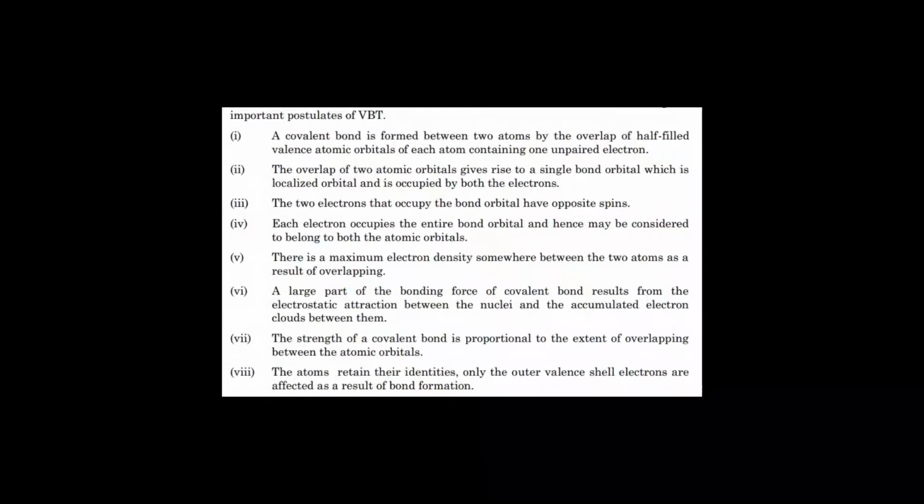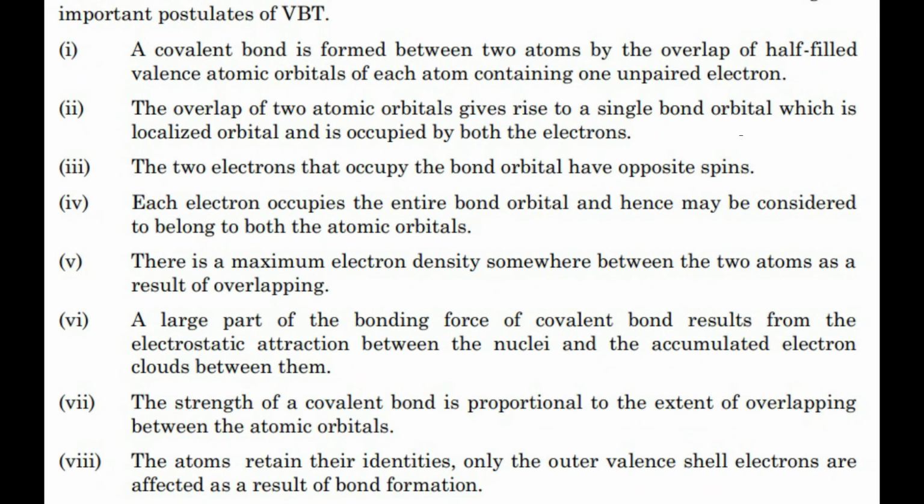Then VBT came. VBT is basically hybridization theory, which says that before bonding, hybridization occurs, which results in equivalent bonds. For example, in carbon, s and p orbitals are involved in bonding, but before bonding they hybridize together to form sp3 hybrid orbitals. Then bonding occurs.